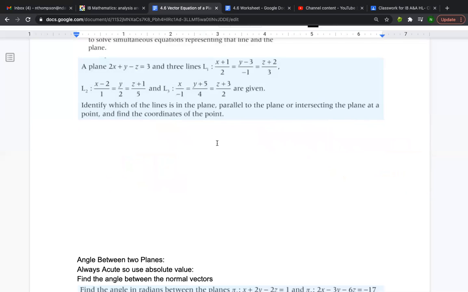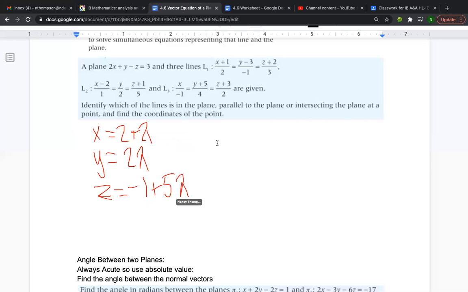So for the second one, again, the first step is rewriting it in parametric form. You should get that x equals 2 plus lambda, y equals 2 lambda, and z equals -1 plus 5 lambda. You're going to follow that exact same process of plugging it into this plane equation up here. I'm not going to do all of that. However, I will tell you some of the answers that you should get.